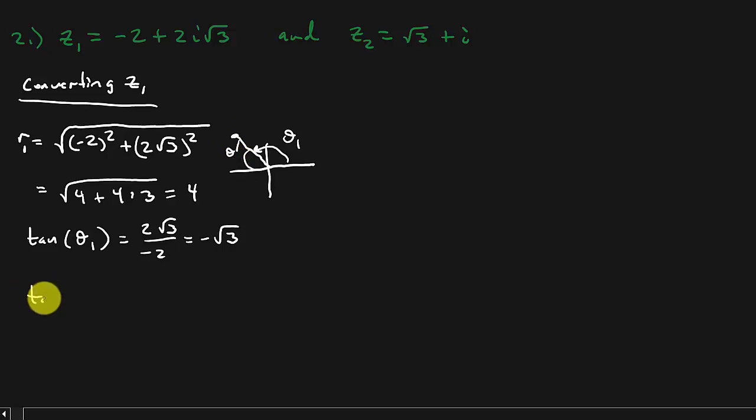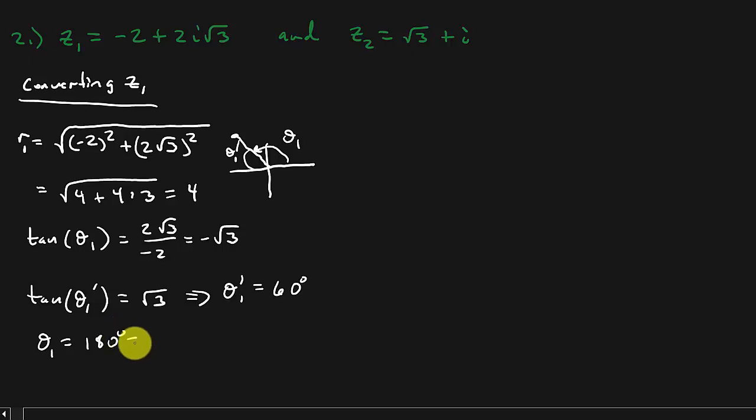And so tangent, let's do theta 1 prime. Theta 1 prime, so that's the reference angle for theta 1, is equal to square root of 3, which tells us theta 1 prime is, well, the tangent of what is square root of 3? That's 60 degrees. All right, so theta 1 is 180 minus 60, which is 120.